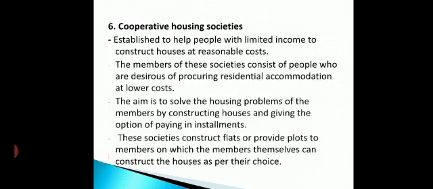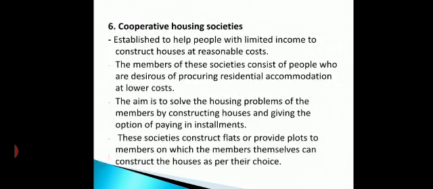These societies construct flats or provide plots to members on which the members themselves can construct the houses as per their choice. So not only is residential accommodation provided, but this cooperative society also provides flats or plots, and the members can themselves construct the houses.